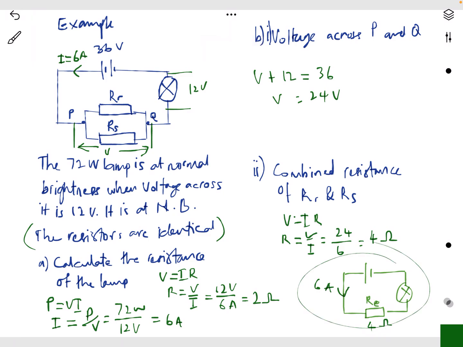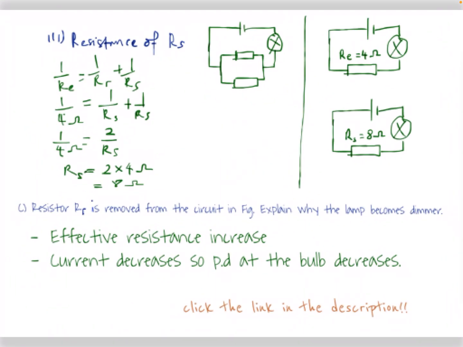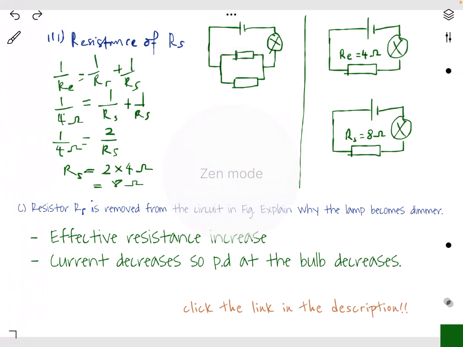When you look at the circuit, okay, I draw it one more time on another slide. You can see I draw it here. And then the next question is, what is the resistance of RS? Okay, this is R, and this is RS.